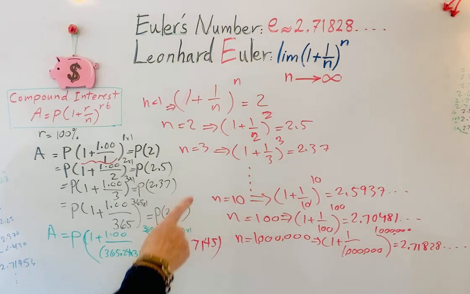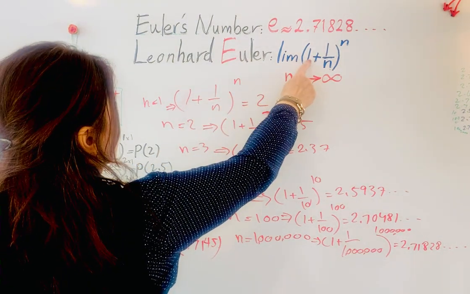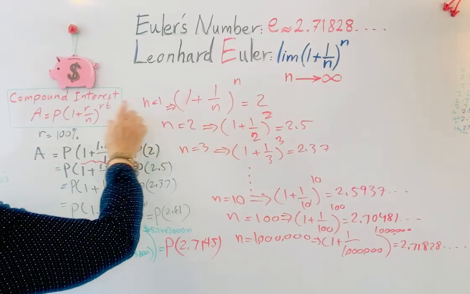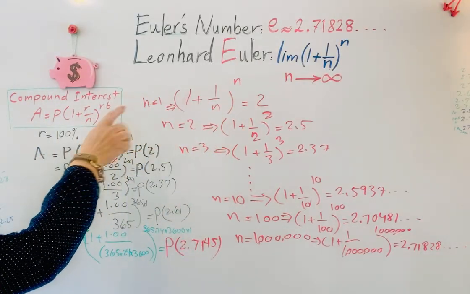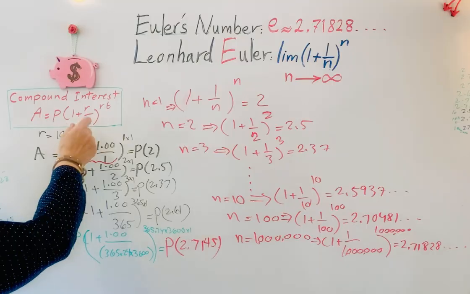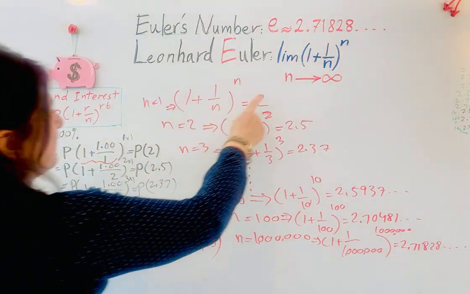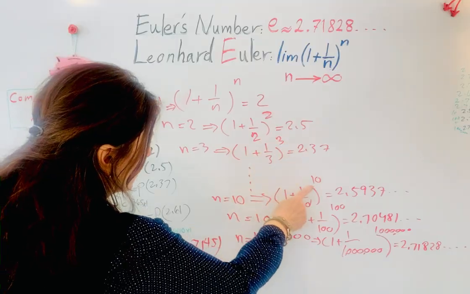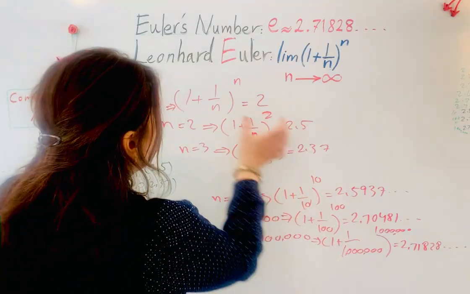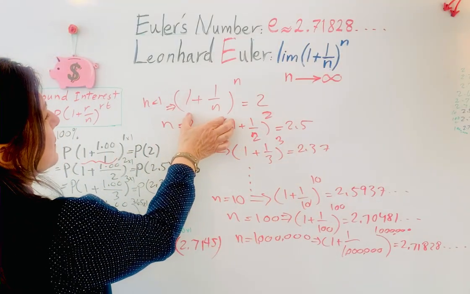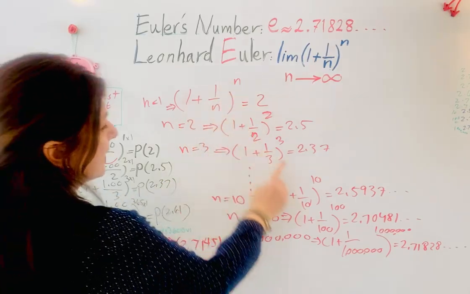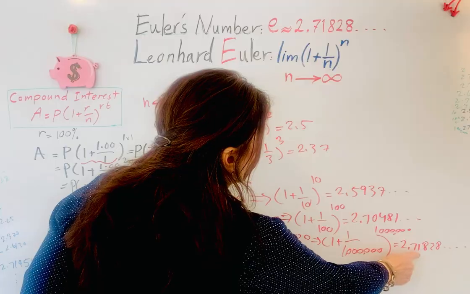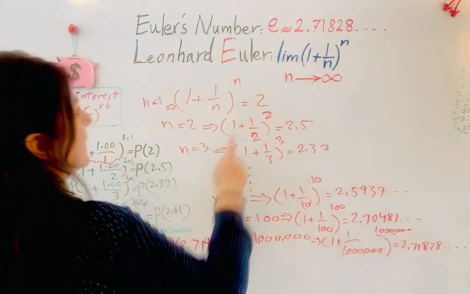He claims that when we have this concept, 1 plus 1 over n to the n, this is the base of the exponential function, compound interest. If n goes to infinity and gets bigger and bigger, this base, 1 plus 1 over n raised to n, gets closer and closer to 2.71828 and something like this.